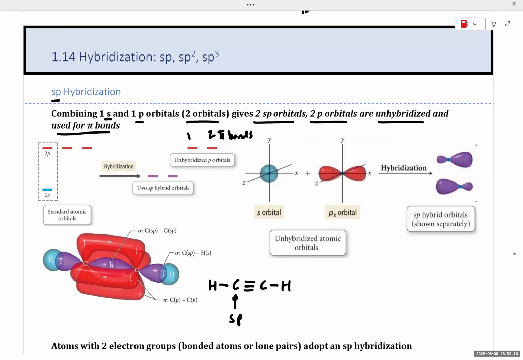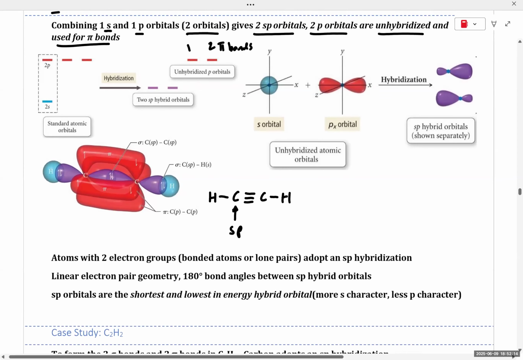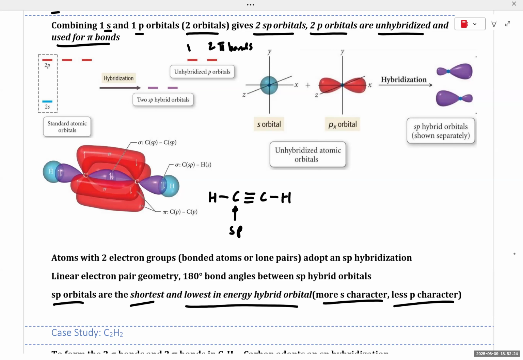The second thing I'd like to draw your attention to is that sp orbitals, because they have a large amount of s character, are the shortest and lowest energy hybrid orbital. They have more s character and less p character. Now, how does this hybridization impact geometry?